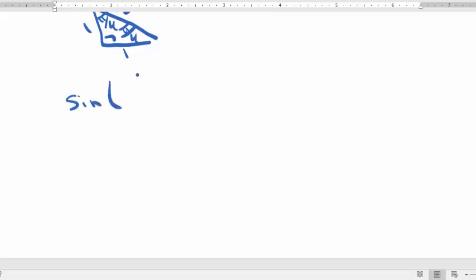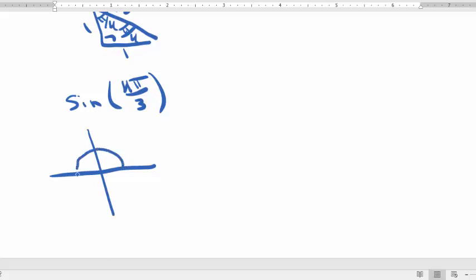And then similarly, let's say we were doing the sine of 4 pi over 3, which we might have done before, right? 4 pi over 3 is this. What ends up happening?